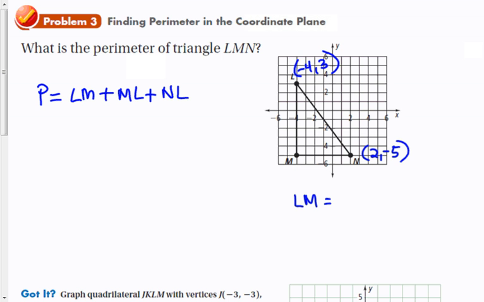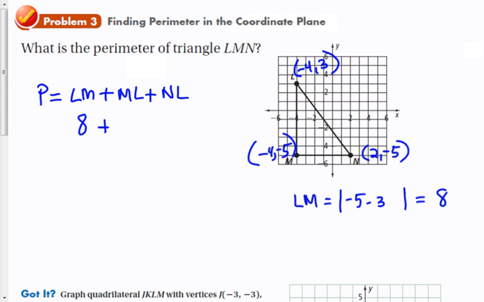And M is -4, -5. So the distance LM is just the absolute value of the difference between the y coordinates, so -5 minus 3, which is -8. The absolute value of that is 8. So that's LM. Substitute that there.